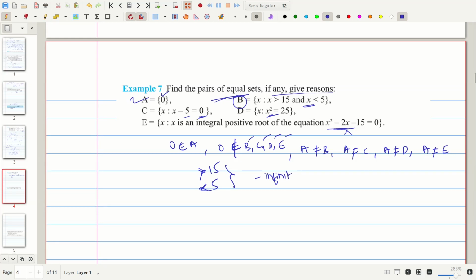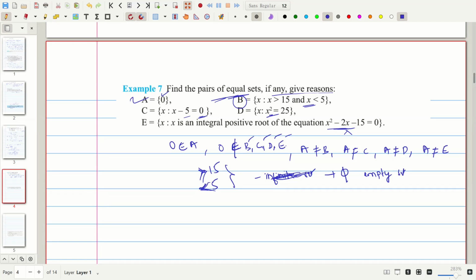No, sorry, this is not an infinite set. There is no number we can identify between these, so it is an empty set. The set does not contain any element.